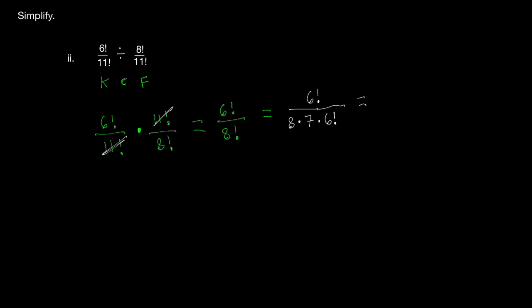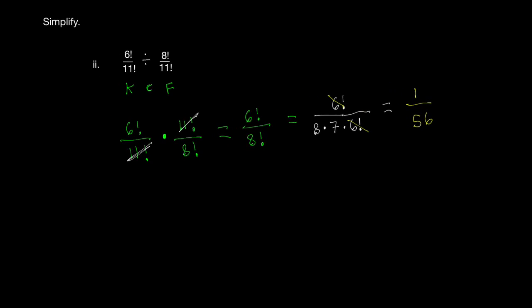The 6 factorials cancel out. Since everything canceled out on the numerator, I'm left with just a 1, and then 8 times 7 is 56. And that would be the value or the calculation for this expression right here.